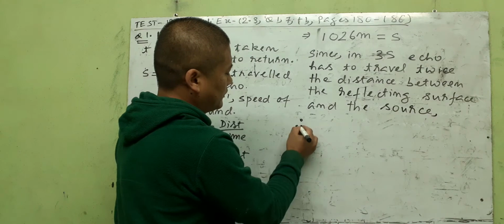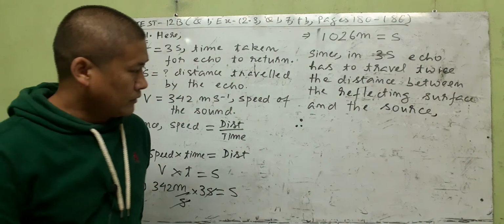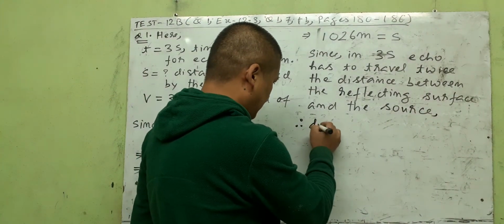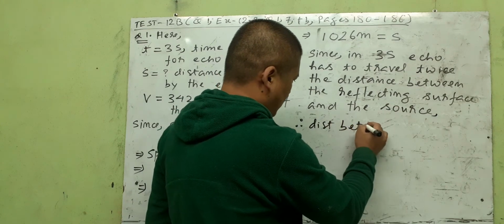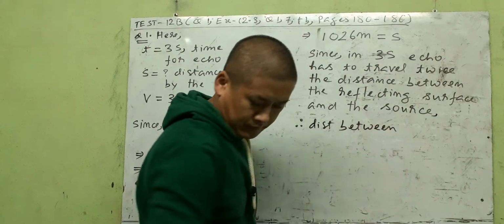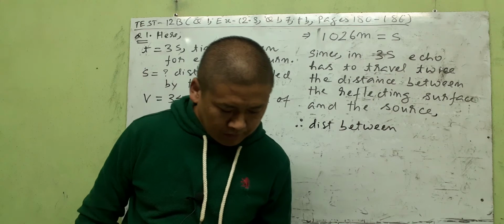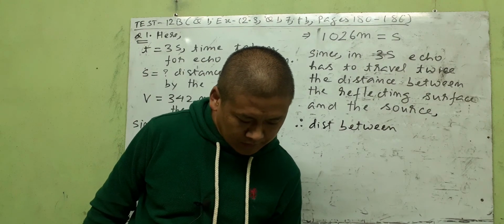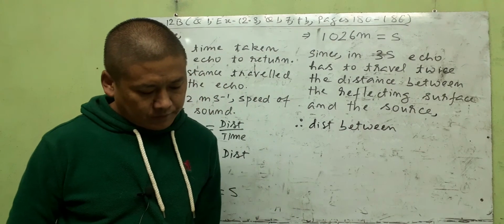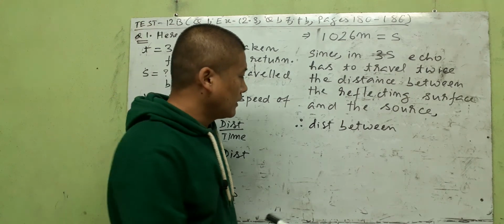Because of this reason, therefore, the distance, according to the language of the text question, what is the distance between the reflecting surface and the source?